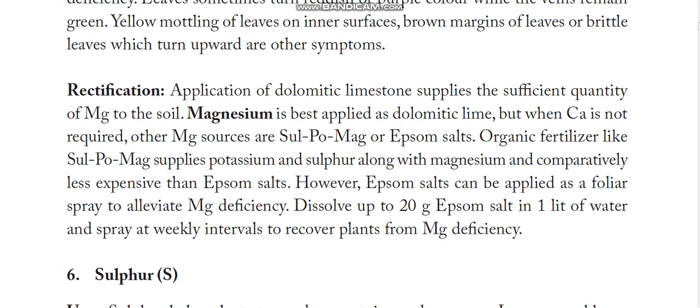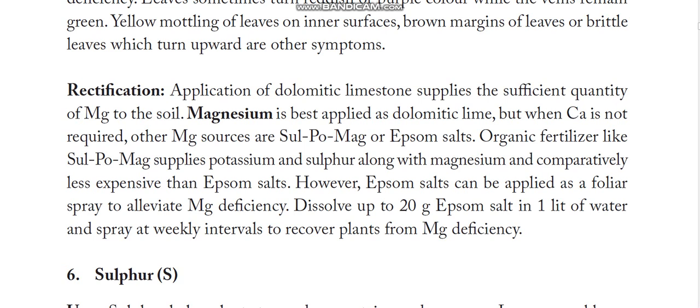Here you have to see: if both magnesium and calcium are required, go for dolomite. If more calcium and less magnesium is required, go for calcite limestone. If more magnesium is required and calcium is not required, then go for Epsom salts.